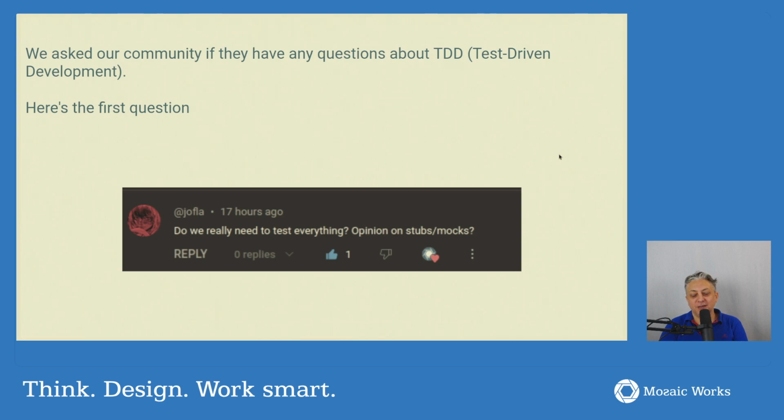And the thing here is it's very easy to write tests that are not interesting, that don't cover really the important behavior of your system.